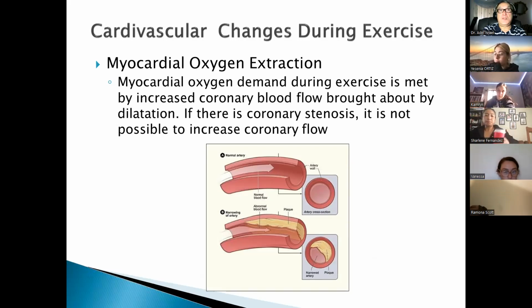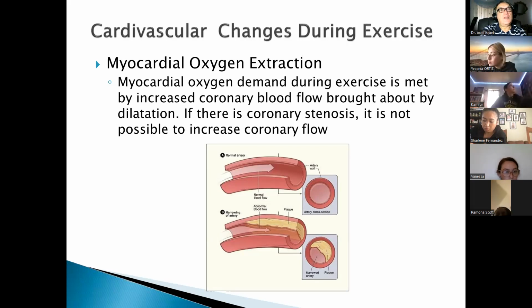This is why he starts to develop chest pain. So if there is coronary stenosis, what is the word stenosis? Stenosis means narrowing. Coronary stenosis means it is not possible to increase the coronary blood flow, and according to this, the patient will start to suffer from angina pectoris.